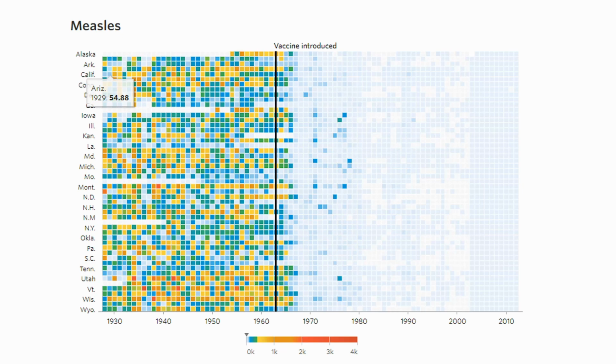For example, this image is from an article on the impact of vaccines on infectious diseases in the 20th century, where each line is a US state, each square represents a year, and the color is used to indicate the rate of the disease per 100,000 people. The black line shows when the measles vaccine was introduced, and almost immediately we see this drastic reduction in cases. Hovering your mouse over each cell on the website gives you the actual number of recorded cases that year.